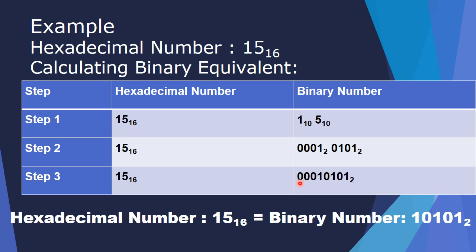Now these 3 zeros you don't need to write, just 10101 to the base 2. So this is how you can convert hexadecimal number system into a binary number system.